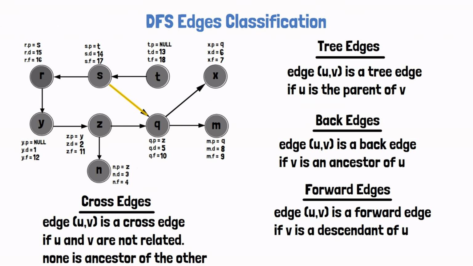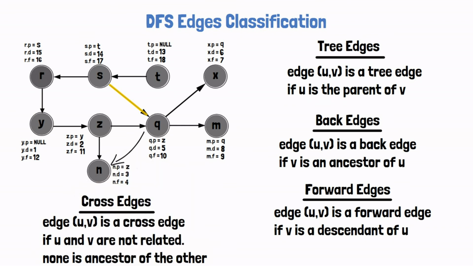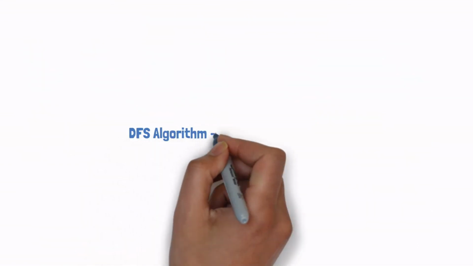It is also interesting to note that it is a cross edge because the edge crosses between the two trees on the predecessor graph. But not only edges that cross between DFS trees can be cross edges. For example, if there was an edge between q and n, it would be a cross edge, as they are not related. Let's move on to see a non-recursive version of DFS.